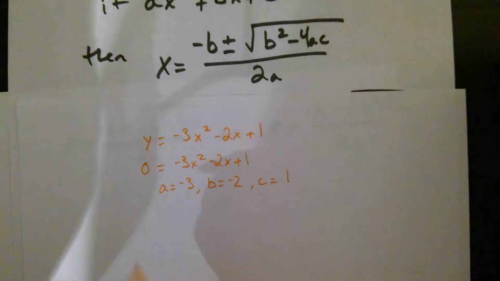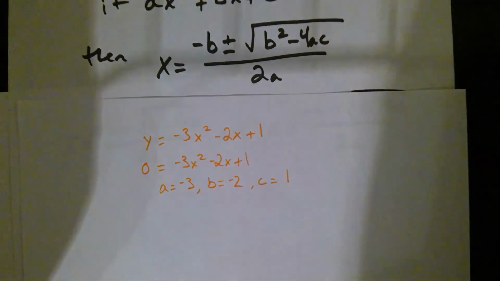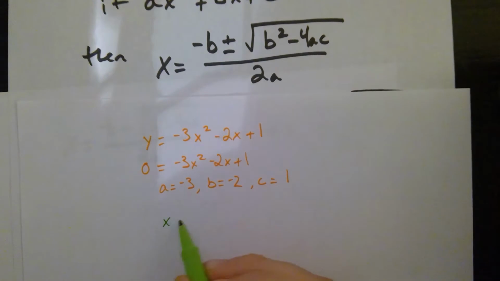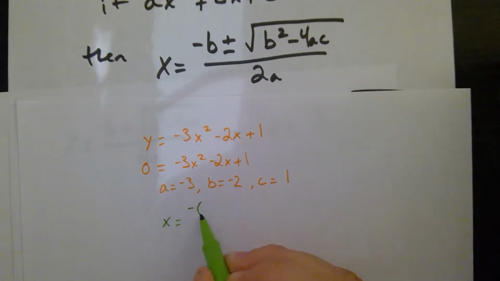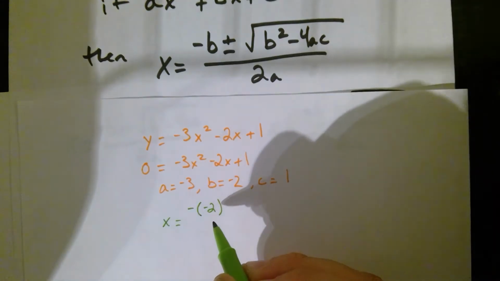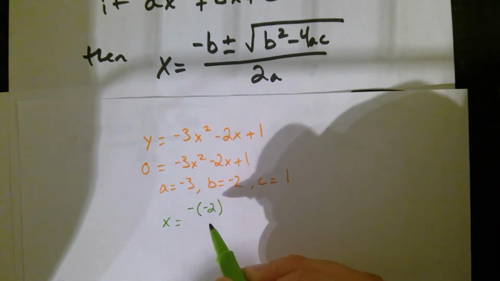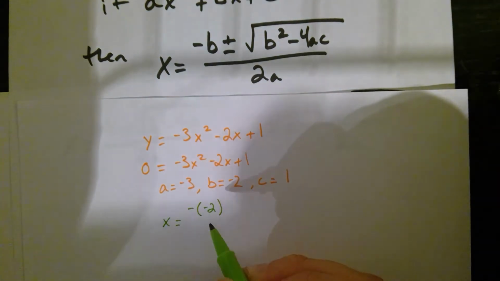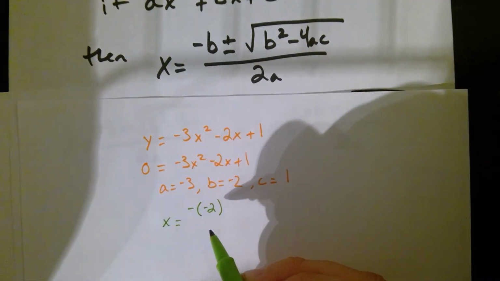So, I'm going to change colors. I'm going to do just one equation this time. So we have x equals -b. Now notice how I'm using those parentheses. This is why we have to use parentheses. If I had $1 for every time this was messed up, I could retire yesterday.